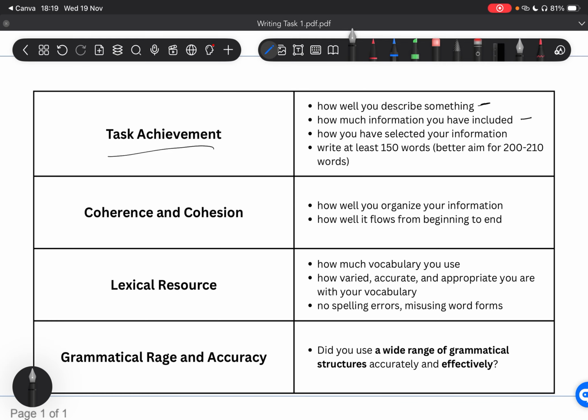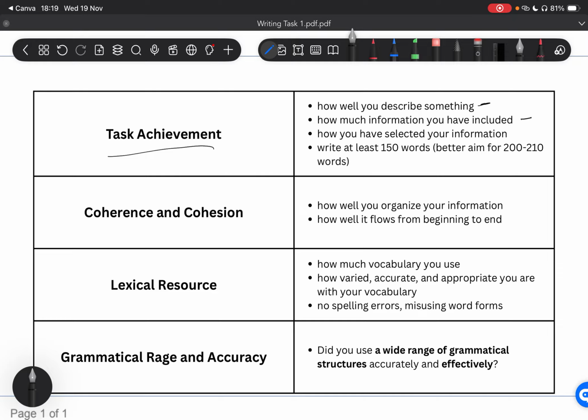Well, did you include all the key features, or did you leave out some of them? If you did, it's going to be around 4 or 5. But if you include all the key features in your report, then that can pertain to a band score 8.